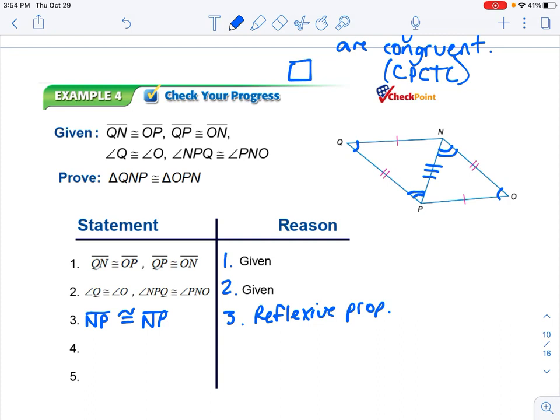This one actually makes sense as opposed to some of our other reflexive properties when we use it, because we have to state that that segment has a congruent buddy. Then the last thing we have to do is simply state that this third angle in each triangle is congruent. Thankfully for us, we once again have that third angles theorem.